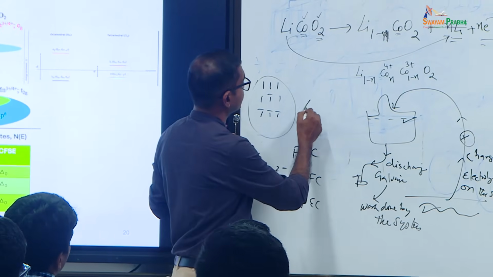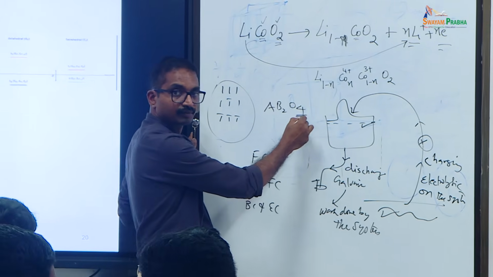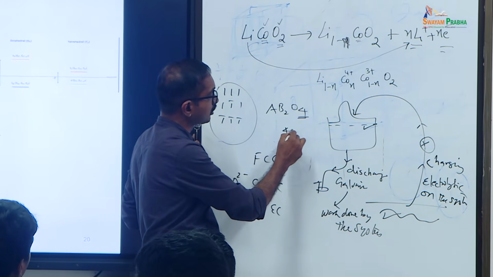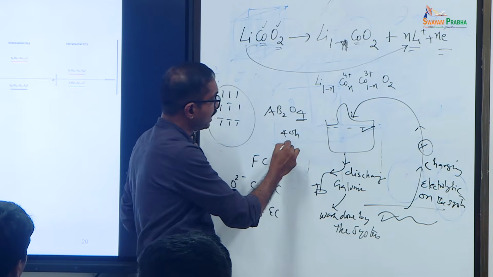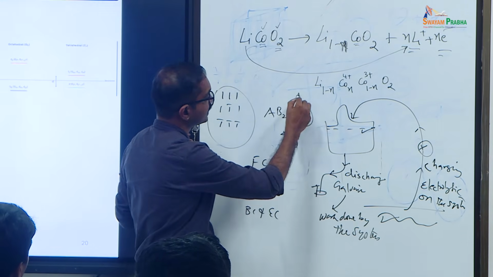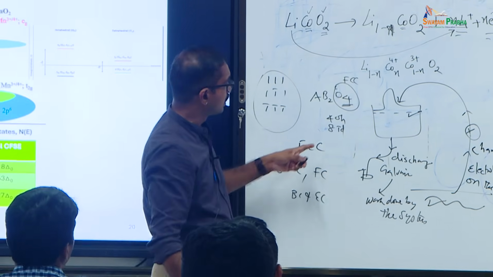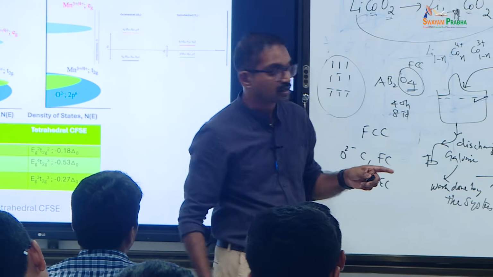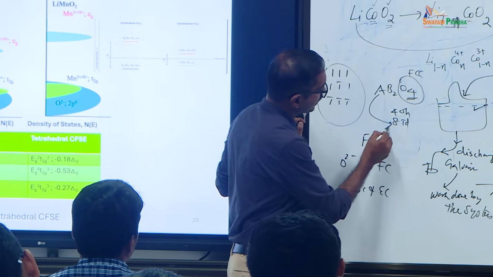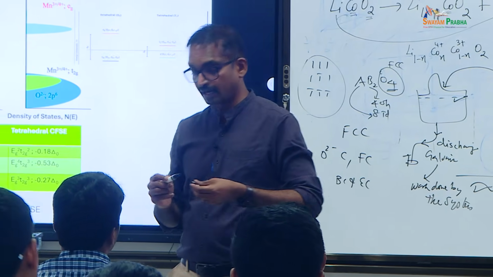Imagine I have a structure AB2O4 wherein there are 4 oxygen. That means I will have 4 octahedral voids and I will have 8 tetrahedral voids, correct? Because my framework of oxygen is FCC. Imagine the A goes to tetrahedral void, B goes to octahedral void. Then what will be the occupancy in the octahedral void?